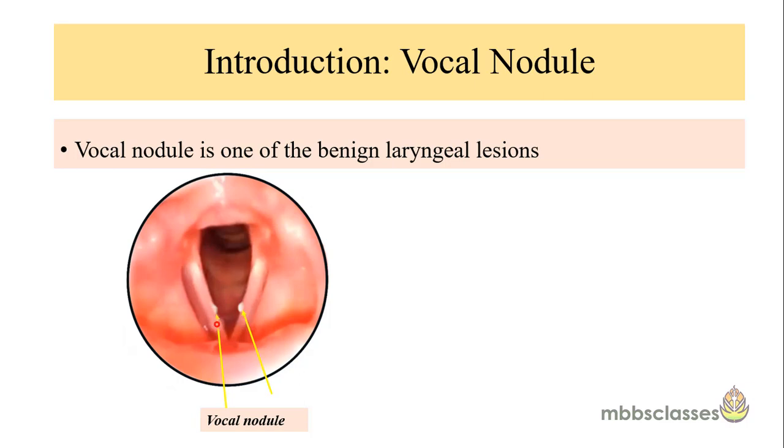You can see here these bilateral vocal nodules are present at the junction of the anterior and the middle third of the vocal cords. And this location is the commonest site for the occurrence of vocal nodule. The reason is that this site is subjected to the maximal impact during phonation.